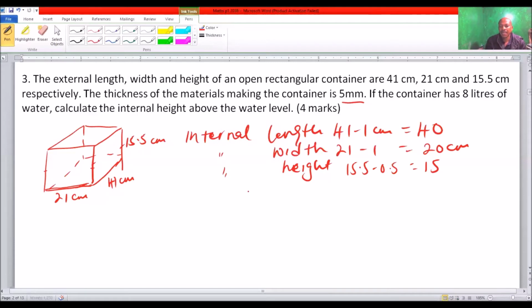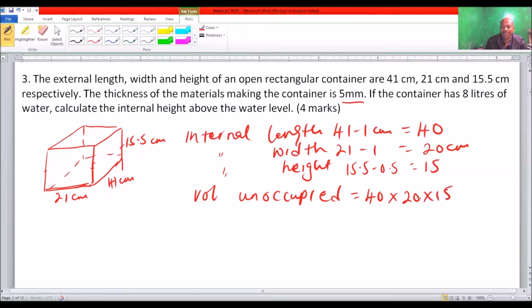This means that we can get the volume unoccupied. So we say volume unoccupied is equal to 40, the internal dimension, multiplied by 20, multiplied by 15.